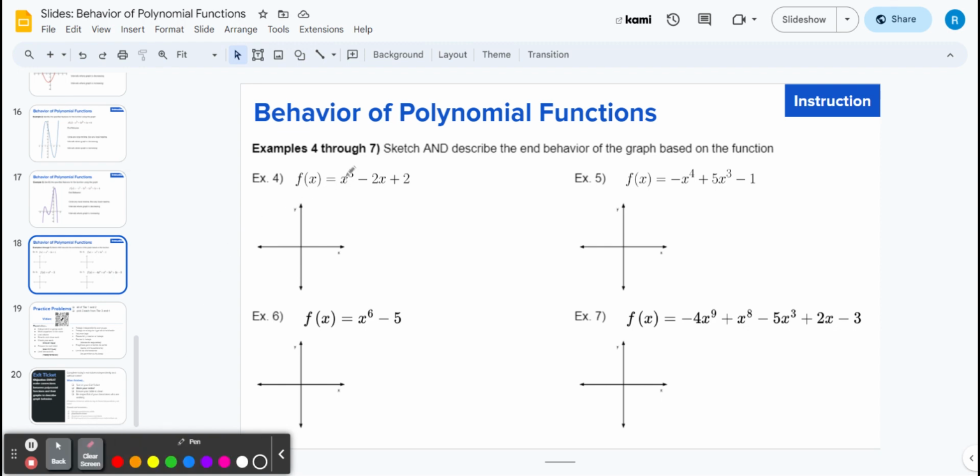So in this first example, we have an odd degree polynomial. If you look at that leading term, we have an odd degree, positive. So we're going to go down as we go left and go up as we go right.